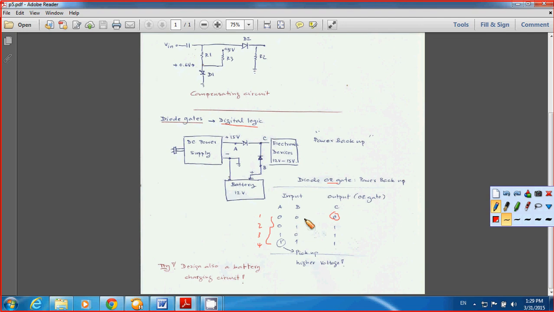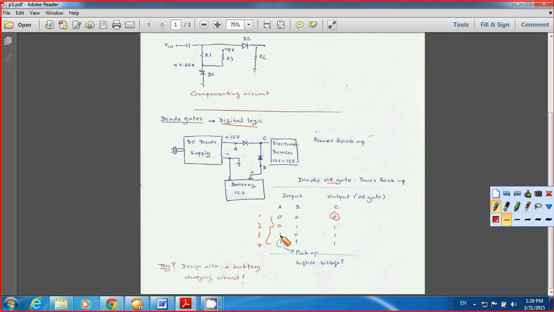So for this one, if you have no supply at all, no battery at all, you have no supply voltage to your electronic devices, right? So it becomes 0. And what about, let's say, this one: you have no DC power supply, right?